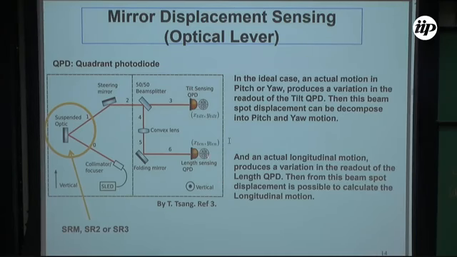And with the length sensing optical lever, as Ettore also explained, you can put this QPD at the location of the image plane of this convex lens, and your system will be sensitive only to longitudinal motion.